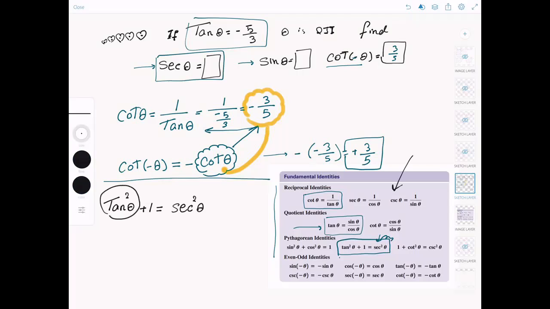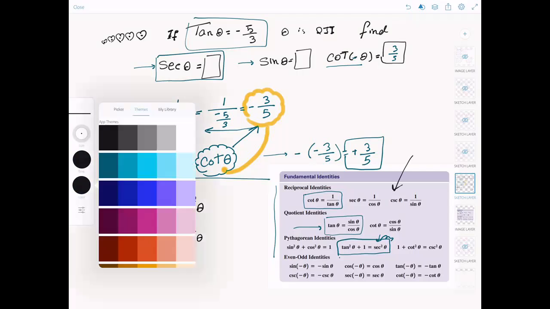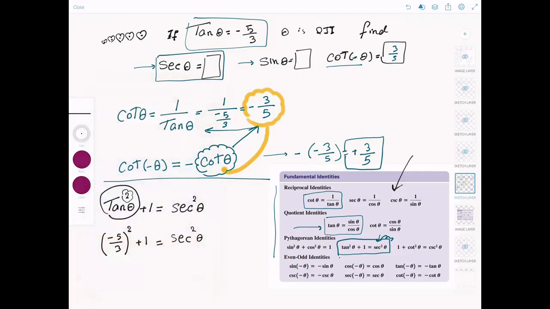Tangent of theta is negative 5 over 3. If I square this one, it will be tangent square, plus 1 equal to secant square theta. So now we have to do algebra to solve for secant. Negative 5 to the power of 2 will be 25/9, plus 1 equal to secant square theta.